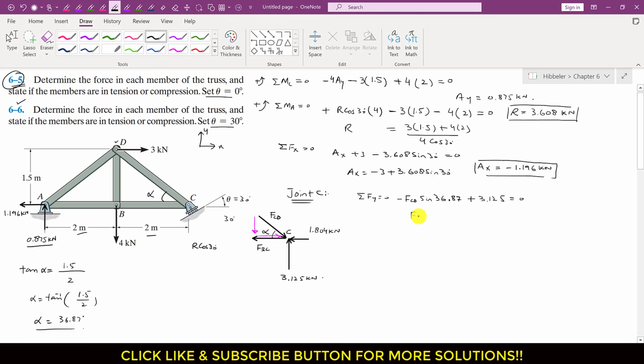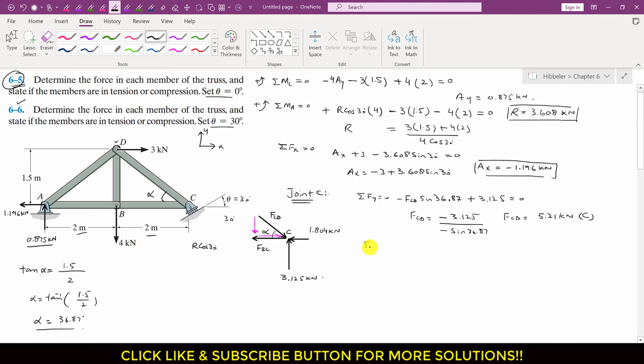From this we can write that FCD equals minus 3.125 divided by minus sine of 36.87. So FCD equals 5.21 kilonewton, and as this FCD is acting towards joint C, this means that it is a compressive force. As a reaction, this FCD will compress the CD member. So this is compressive force.